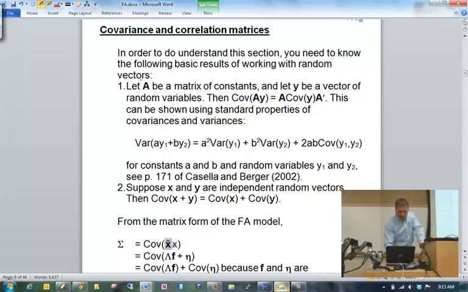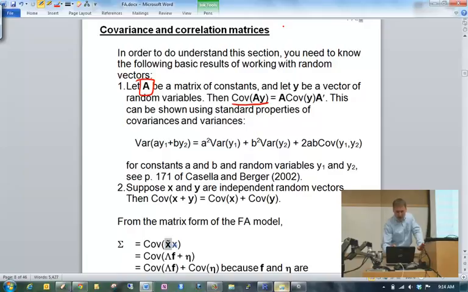Suppose we have a matrix A of some constants, just some numbers, and we have a random vector y. Let's say that you want to know, what's the covariance, not just of y, but of A times y? Essentially, this A, when you multiply by y, allows you to find linear combinations of your y's.